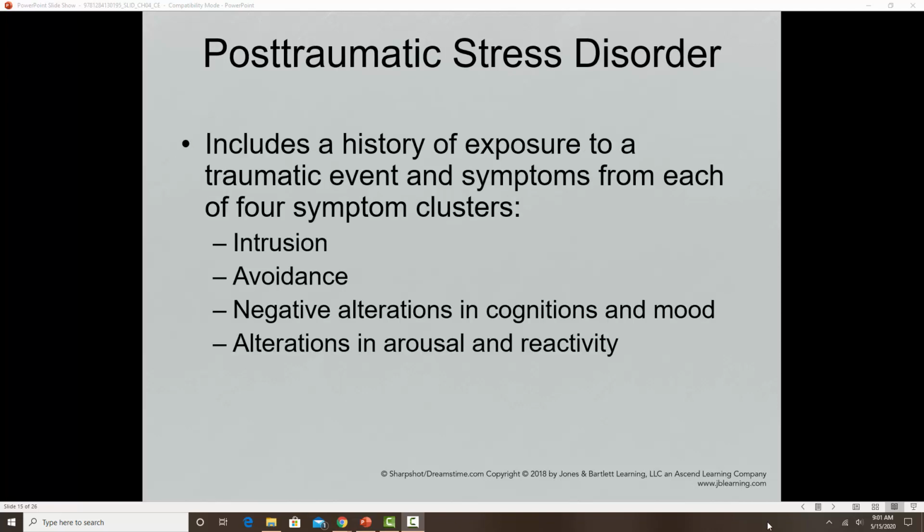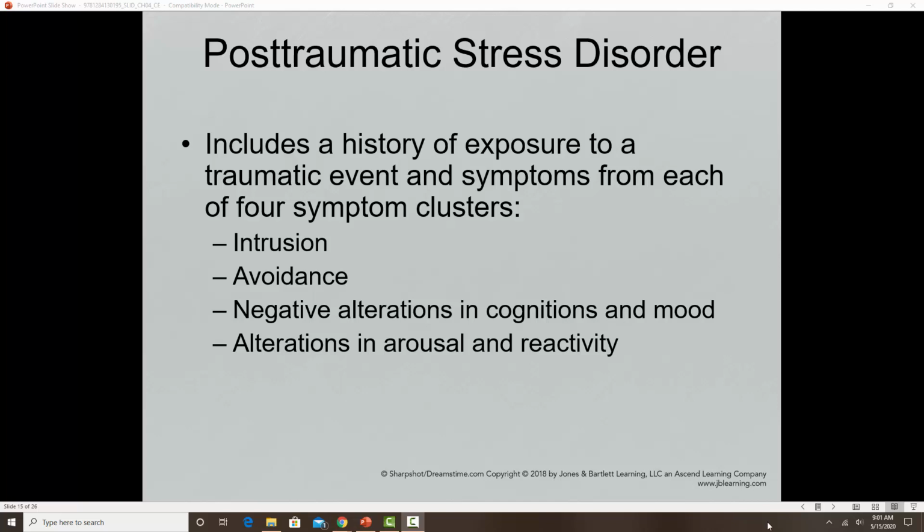One of the things that we find happens most often with victims of crime is they develop post-traumatic stress disorder. You probably have heard of post-traumatic stress disorder. It is an anxiety disorder that people can develop after they have been exposed to a situation in which they felt as if their life or their personal safety was at risk.